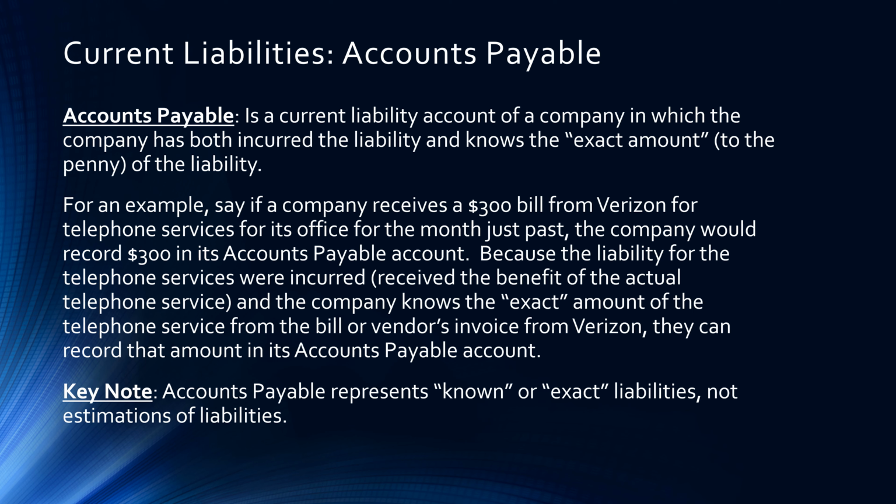They can record that amount in accounts payable. A keynote to take away from accounts payable is that accounts payable represents known or exact liabilities, not merely estimations of liabilities.